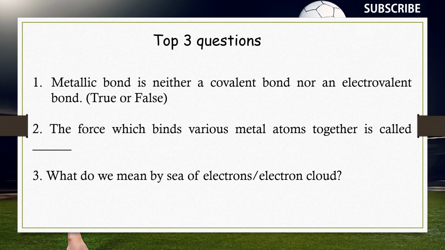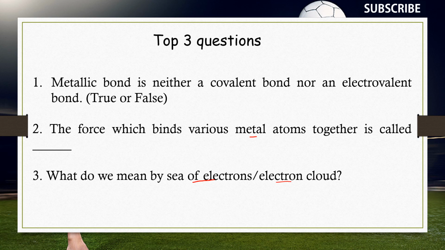We finally reach our top 3 questions. Question 1. Metallic bond is neither a covalent nor an electrovalent bond. True or false? 2. The force which binds various metal atoms together is called, I think that is self-explanatory. Then lastly, what do we mean by sea of electrons or electron cloud? I didn't talk about this, but I felt it's worth noting in our top 3 questions.